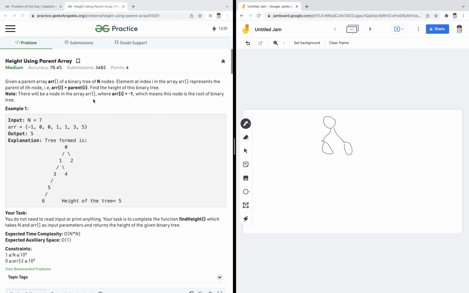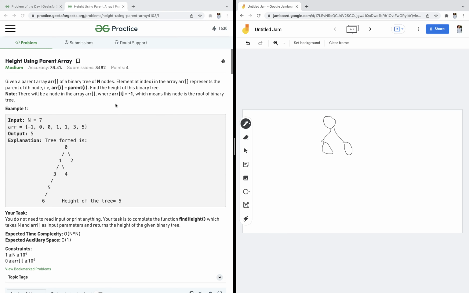So the element at index I in that array represents the parent of its node. Whatever the value at index I is, it is the parent of that particular index, right?